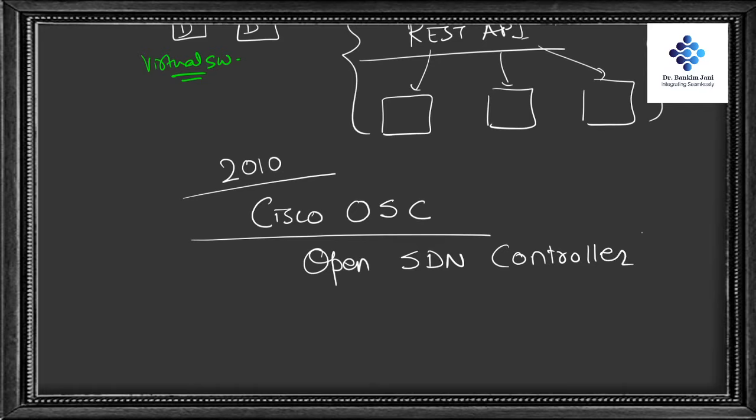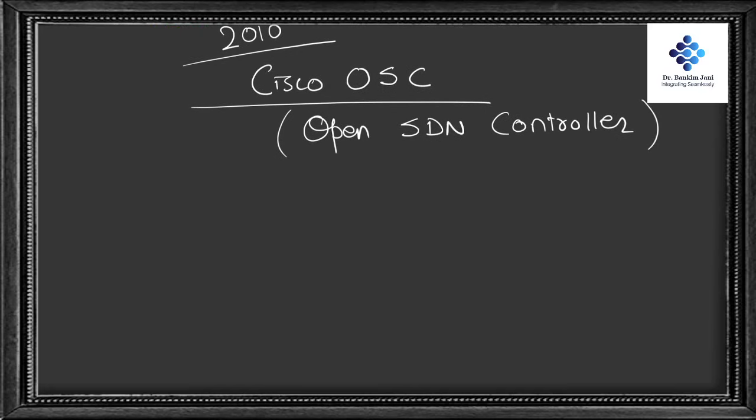But one thing is very clear, that Cisco, whenever it is working, it keeps on working for something innovative. Very soon Cisco said that no, I don't want to do this. And recently Cisco has stopped even marketing of this. Why? Because they are now moving towards a very strategic thing.